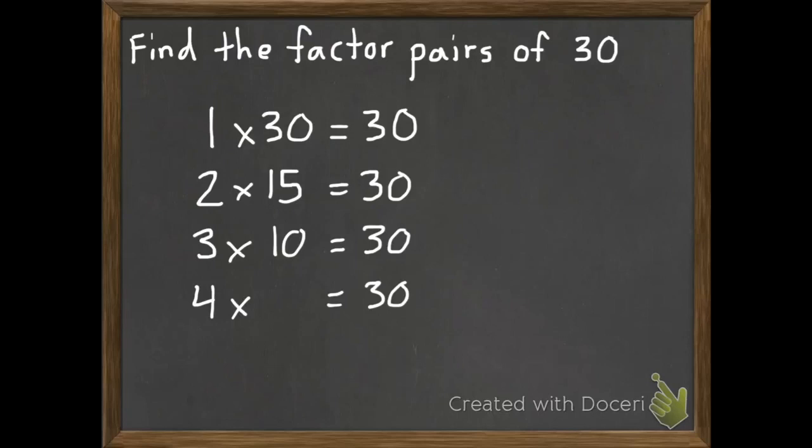Nope, no 30. So, no 4. Let's try 5. Is there 5 times anything that equals 30? 6. So then we move on to 6. Oh, but that gets me back to the numbers I've already got. So we're done. Those are our factor pairs of 30.